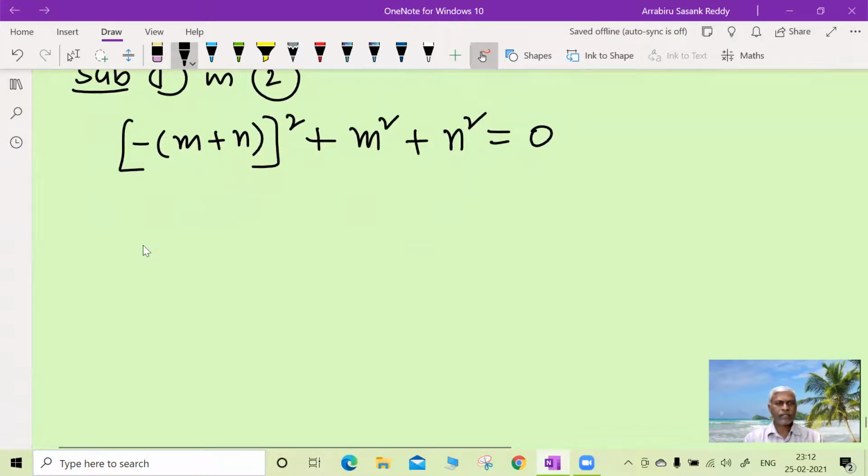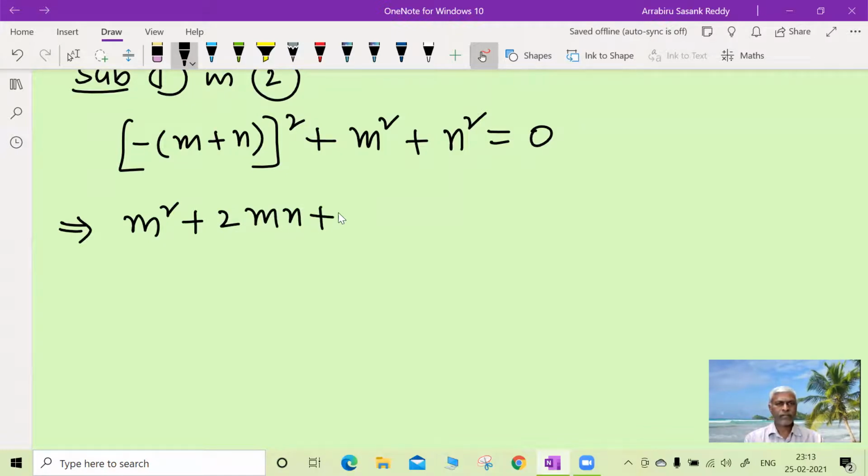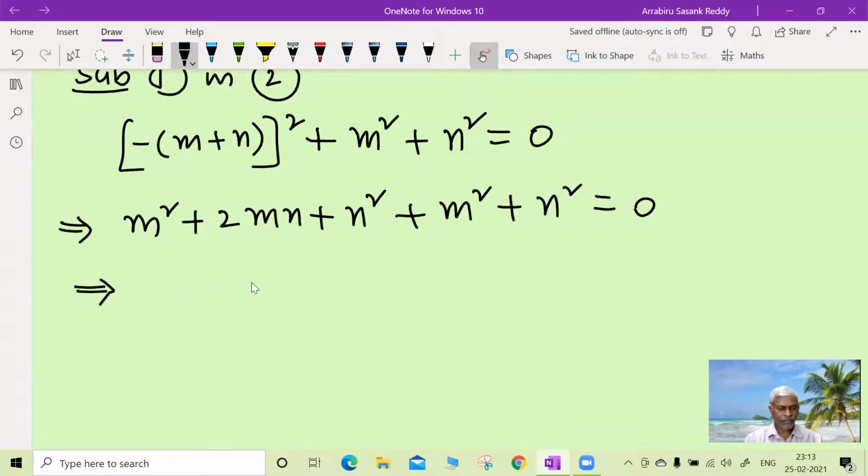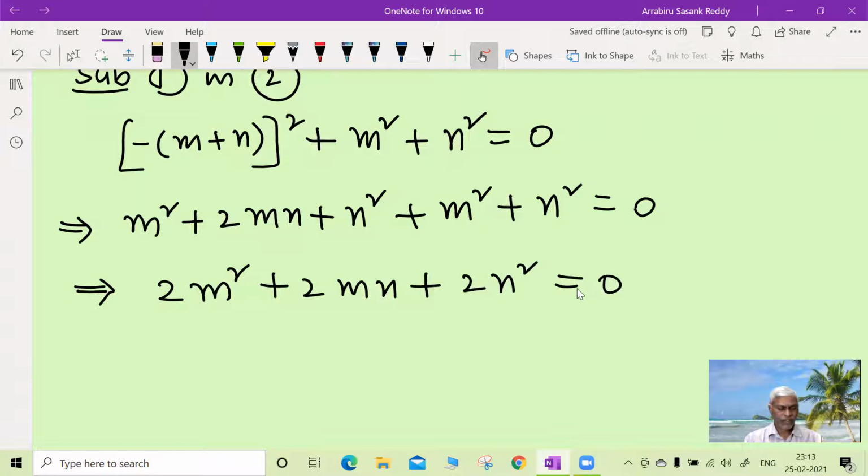Minus square will become plus. This is only a plus b whole square, expanding this by using a plus b whole square, a square plus 2ab plus b square: m square plus 2mn plus n square, plus m square, minus n square. So 2m square plus 2mn plus 2n square minus n square.